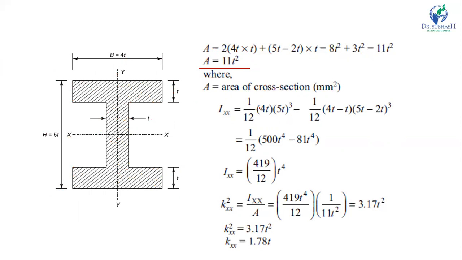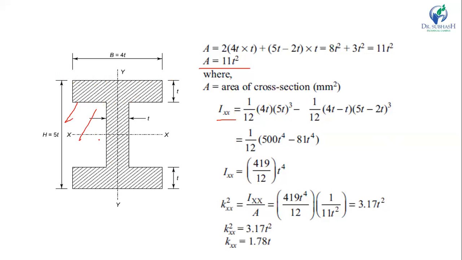Now as we know the moment of inertia Ixx for the rectangular cross section is 1 by 12 BD cube. So here B is equal to 4t in total, then D is equal to 5t. So 1 by 12, 4t into 5t cube, minus, remove this portion.